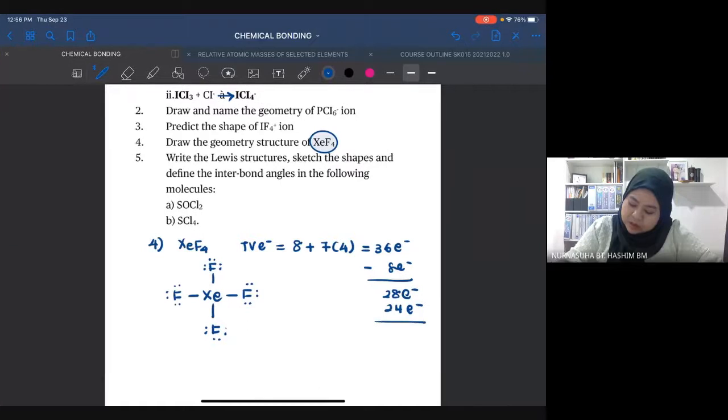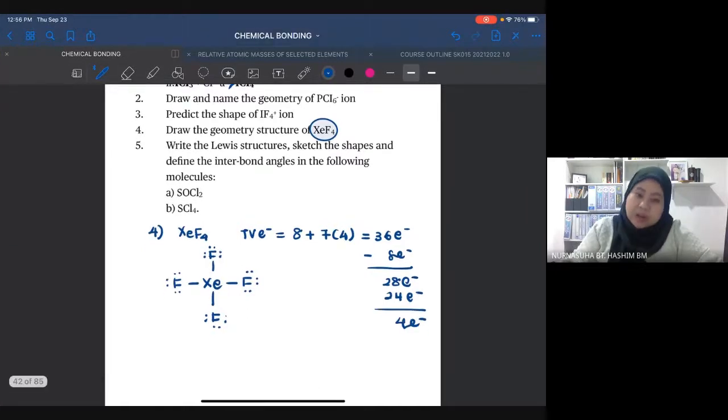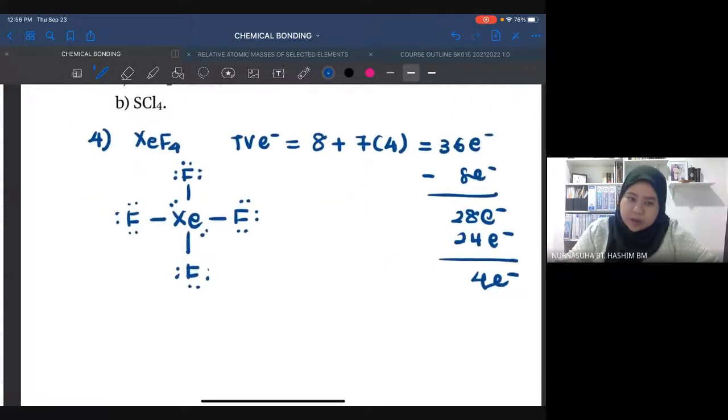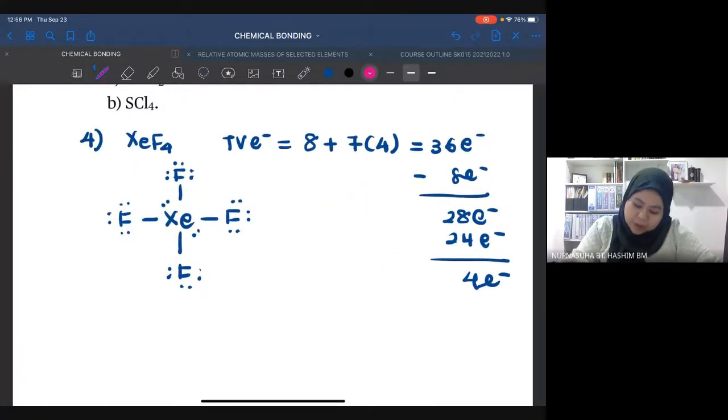Okay, so we have remaining 4 electron. Okay, so memandangkan fluorine dah octet, so remaining electron kita letak dekat center atom. Okay, now cuba tengok. So kita ada 1, 2, 3, 4, 5, 6 total electron pair. So kalau 6 total electron pair, so kita expect shape dia adalah octahedral.